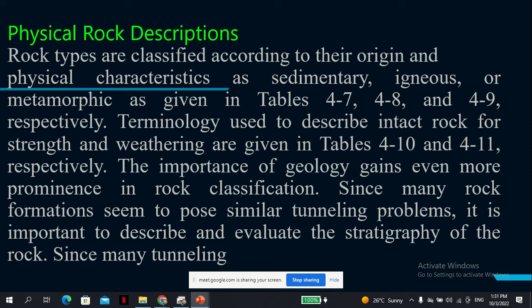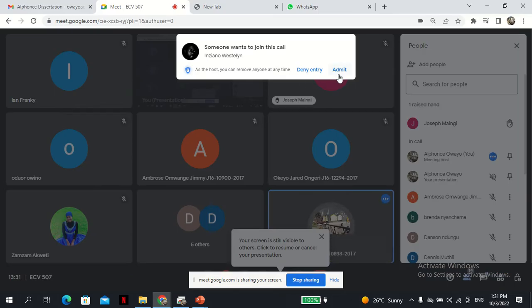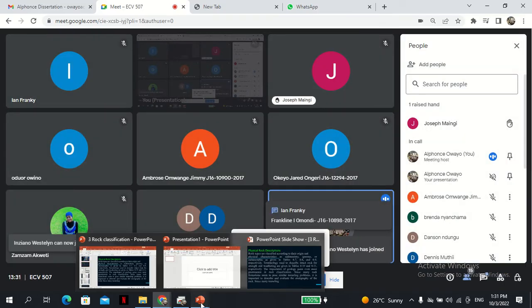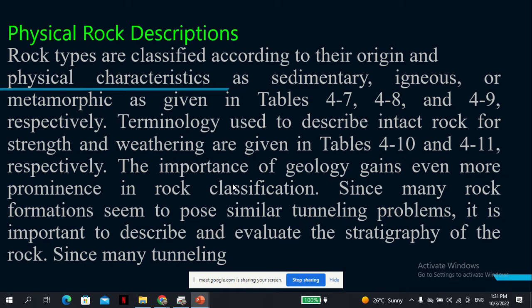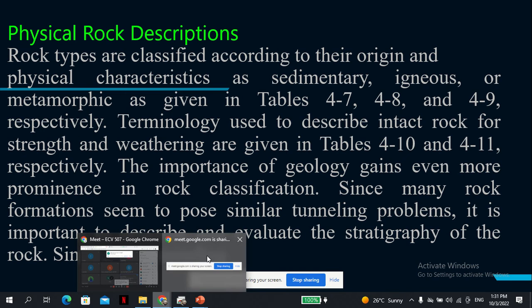In a nutshell, in tunneling our primary material is the rock, so we need to know how to describe it and give it marks. As part of this work, we are going to rate the rock from 0 to 40, 41 to 60, 61 to 80, and 81 to 100, just like we grade students. This will give you an idea of how good or how bad the rock is.